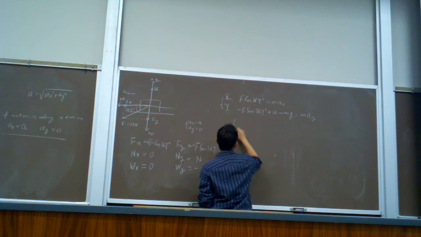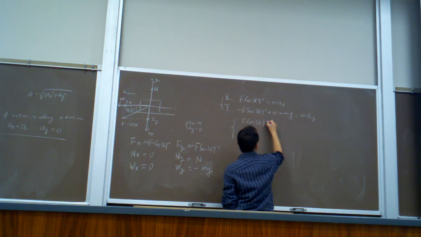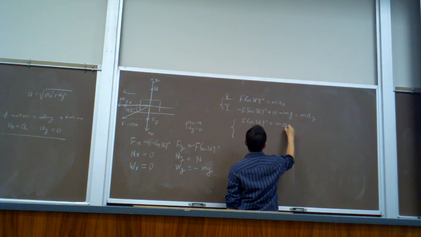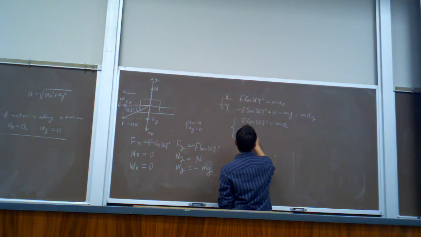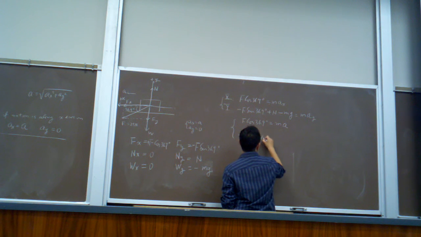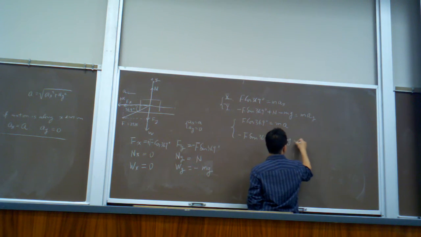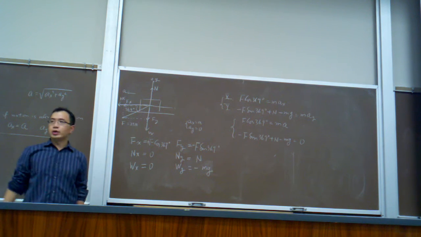So the two equations become F cosine 36.9 degrees equals ma, and negative F sine 36.9 degrees plus N minus mg equals 0, right? So that's the final equation we are going to calculate.